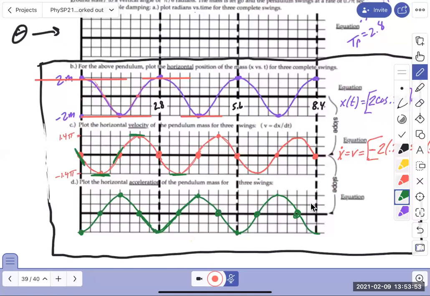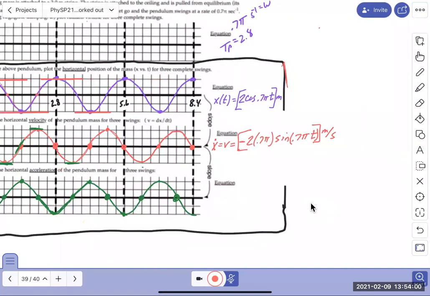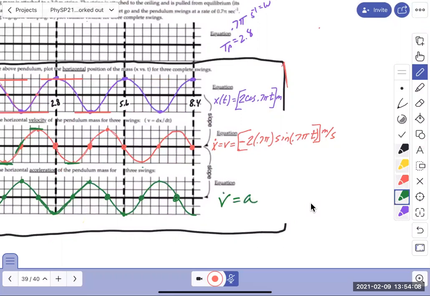So now let's go ahead and find the equation, applying the chain rule. So here we go. Now we have V dot, which is A. And now I'm going to bring down everything I have, plus I'm going to pull out that 0.7, plus I'm going to switch to cosine.